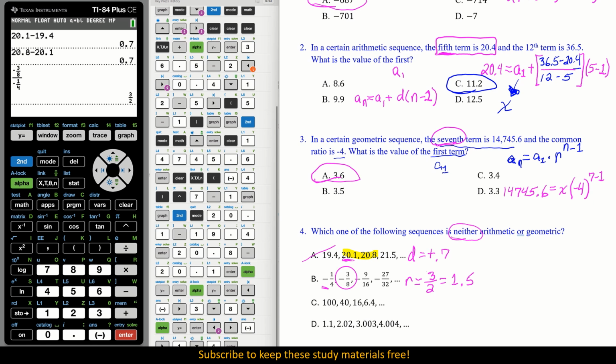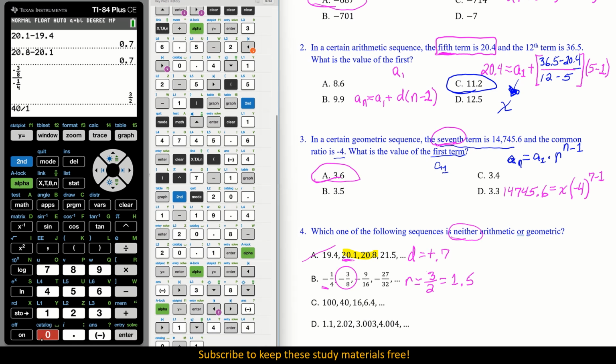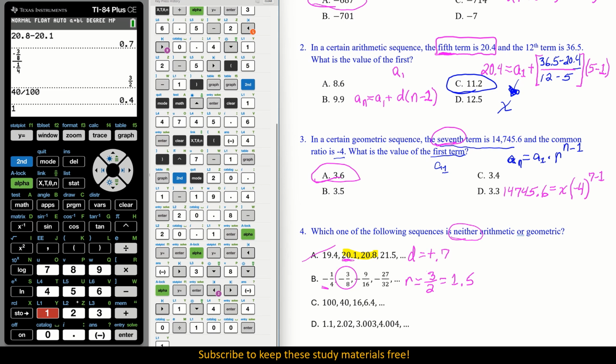Okay, and the next one is also a ratio, and I can tell just by eyeballing that one. Okay, so we're going to have 40 divided by 100.4. And then 16 divided by 40.4. So that's a common ratio.